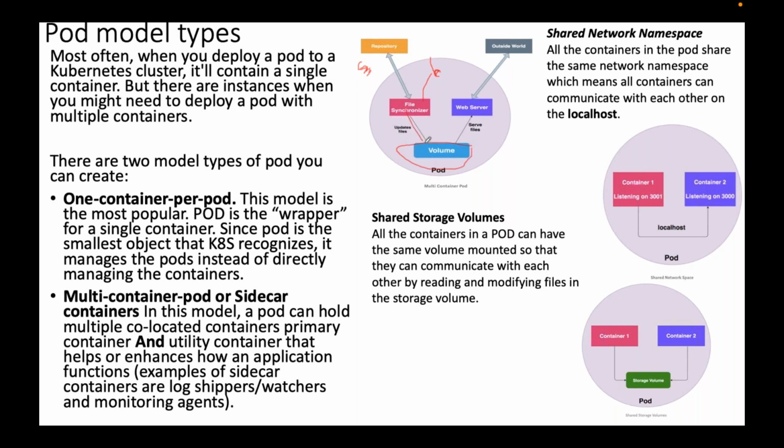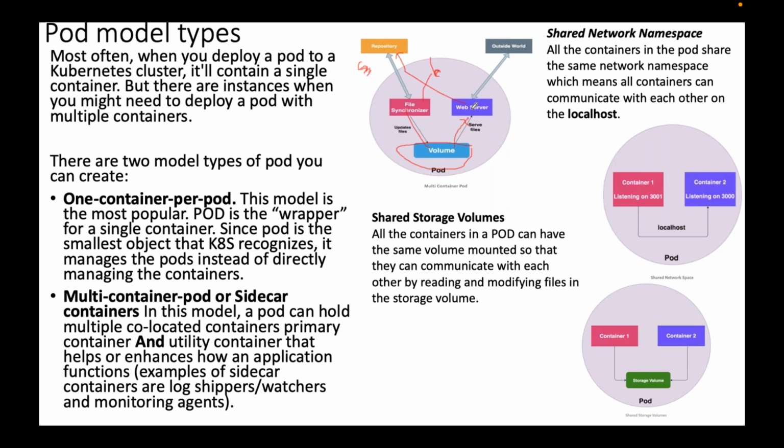This container can write the files. This container can read the files. This helper container can get the files from outside and maintain them in the storage attached to that pod. Will this container be able to read these files from this volume instead of knowing where they are coming from?